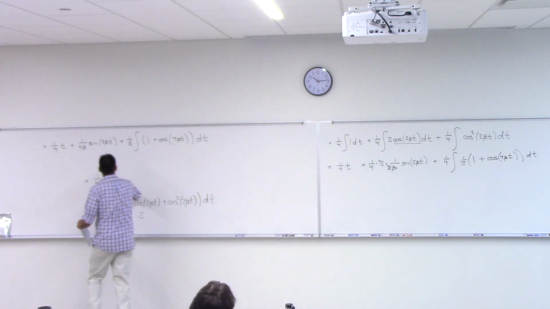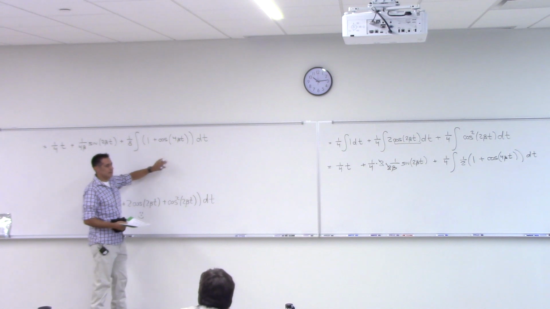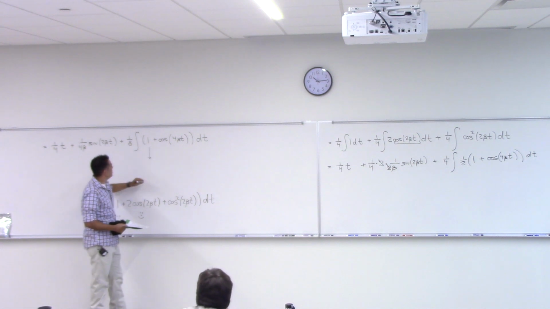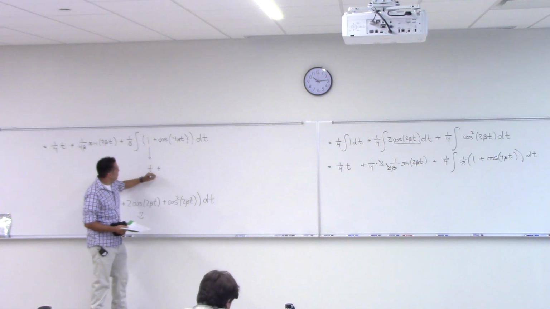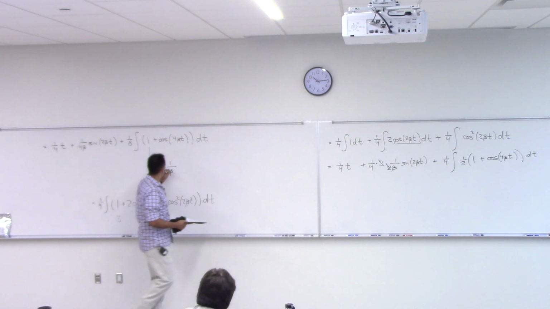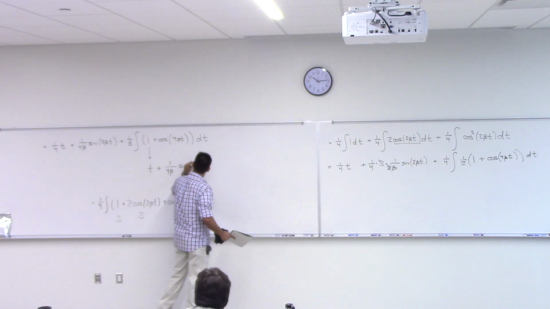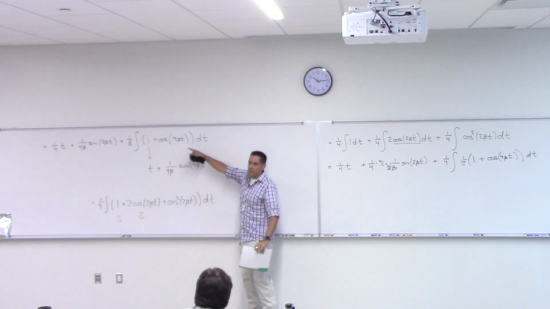Okay, can you give me the antiderivative of both of these? Feel okay with that? So what's the antiderivative of this? T, okay. And then this one? 1/4 beta. Good. Sine 4 beta t. Very good. That's just the antiderivative of those, right, everyone?